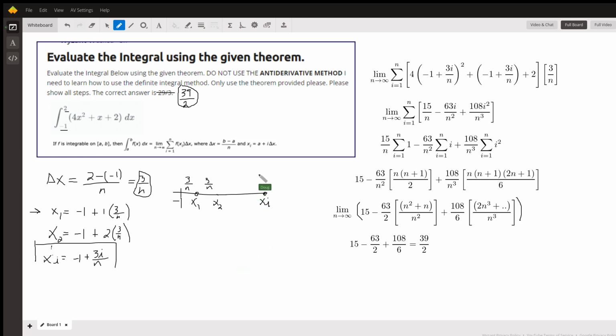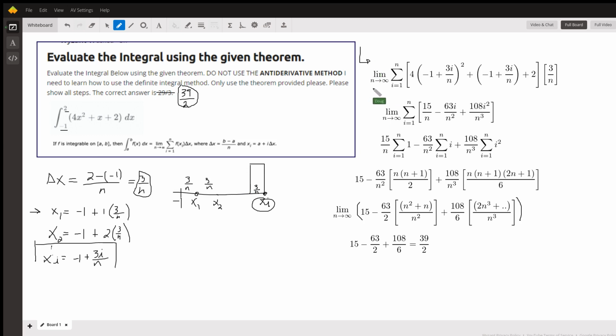And now what we want to do is come up with a formula for the area of the ith rectangle. So we plug this expression into the function definition, and multiply by the width of that subinterval. And then we're going to add all those areas together and let the number of rectangles approach infinity. So here's what we start with right here.